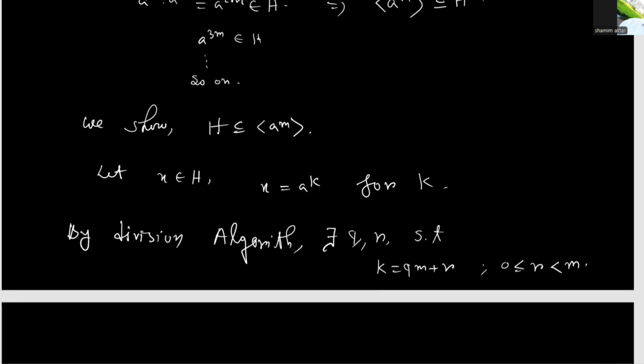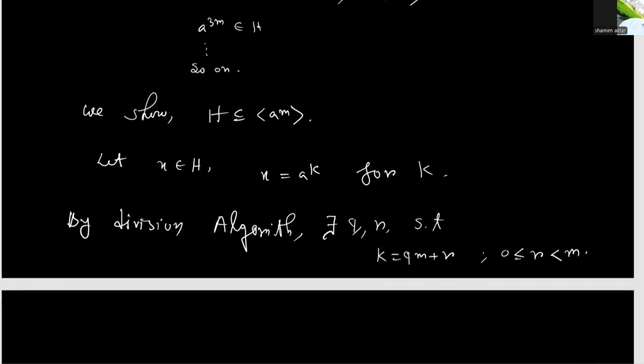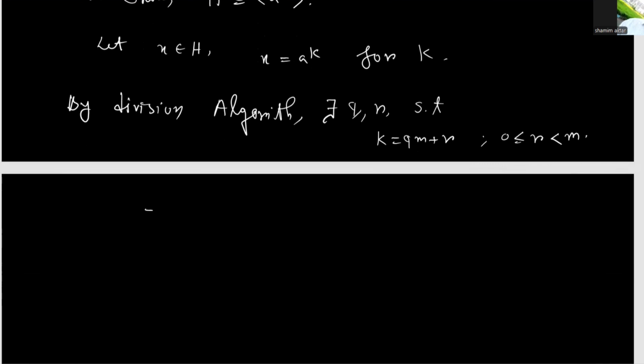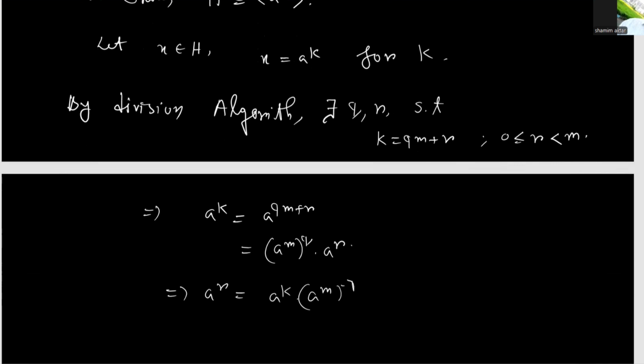So this implies A to the power k equals A to the power qm plus r, which equals A to the power m, to the power q, dot A to the power r. So A to the power r equals A to the power k dot A to the power m to the power minus q.